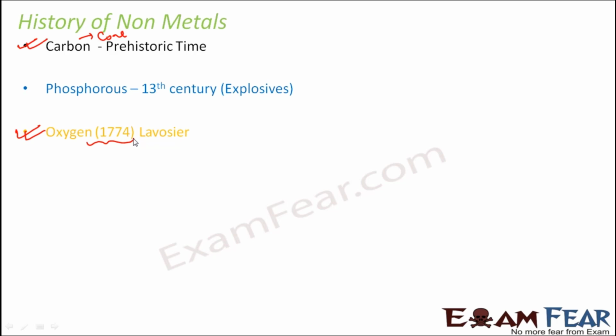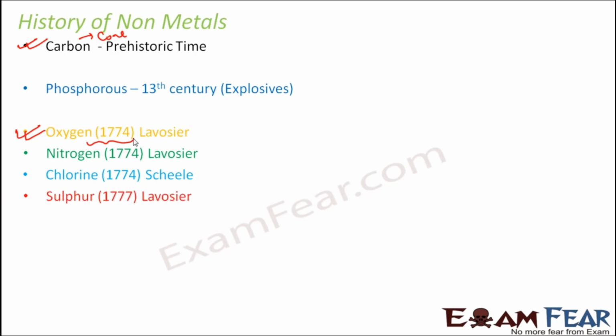So oxygen being such an important element on earth, it was discovered very recently, because 1774 is not long ago. Then gradually all other non-metals were discovered, like nitrogen, chlorine, sulfur, hydrogen, and so on. So that's how the non-metals were gradually discovered.